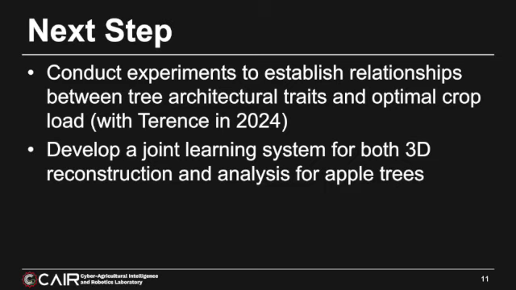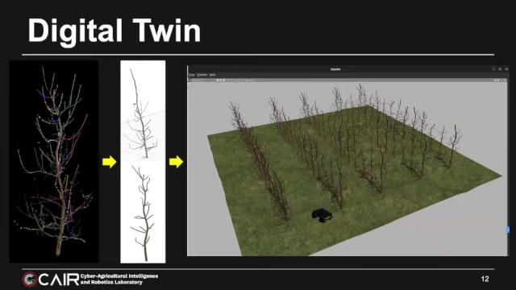With regard to that, just to give you some quick ideas. One thing is to form a digital twin for apple orchards. As you see there, all the trees are actually from Terrence's orchards right now. Then we will be able to use some generative AI models to create new tree architectures based on the current tree architecture, and then put them back in a simulation environment.